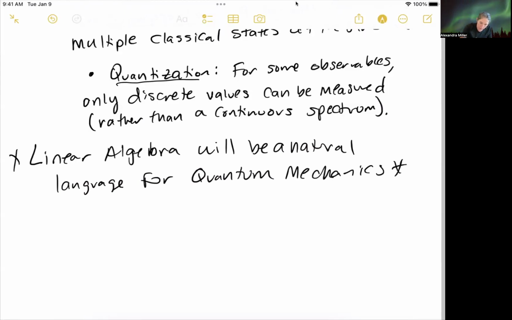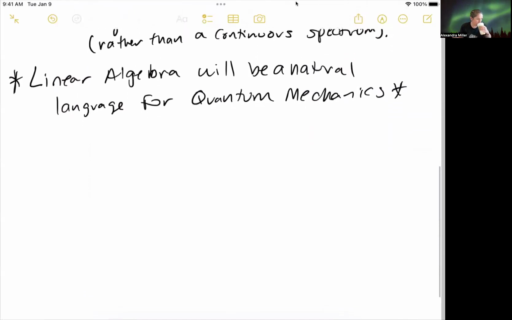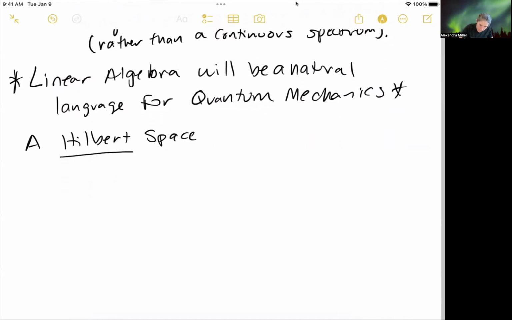In modern ways of thinking about quantum mechanics, really, if you're doing quantum mechanics, it's applied linear algebra. And this is going to be a very natural home for quantum mechanical states. These states are going to live in what is known as a Hilbert space. In linear algebra language, this is known as an inner product space.